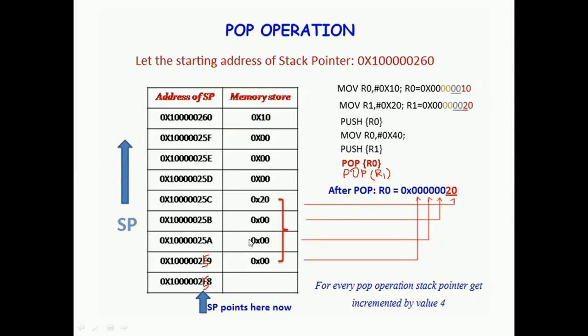Then from the MSB side, the second byte is restored. Again the stack pointer value gets incremented by 1. Then from the MSB side, that is the third byte, is restored into R0, and again the stack pointer value gets incremented by 1. So the value, that is from the LSB, the first byte is stored into R0.